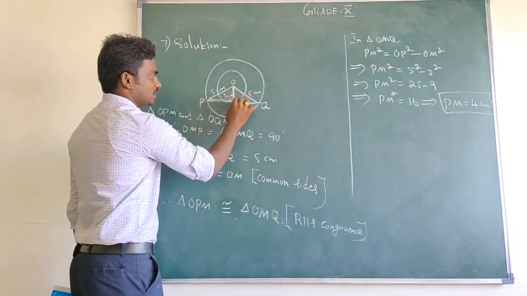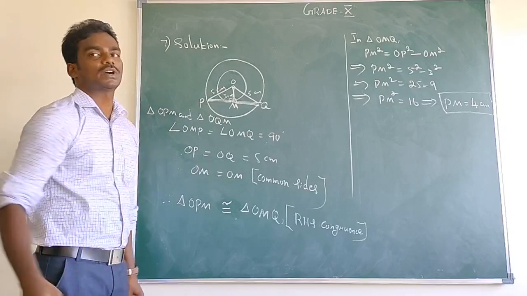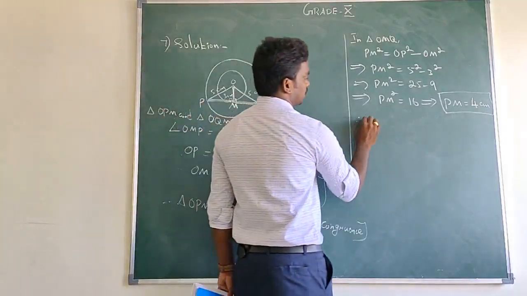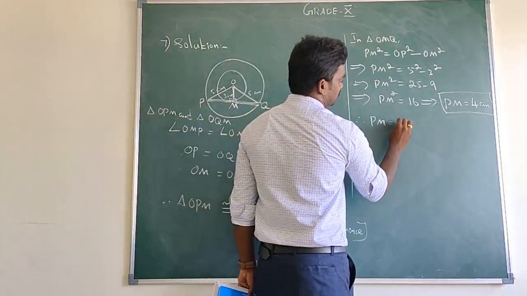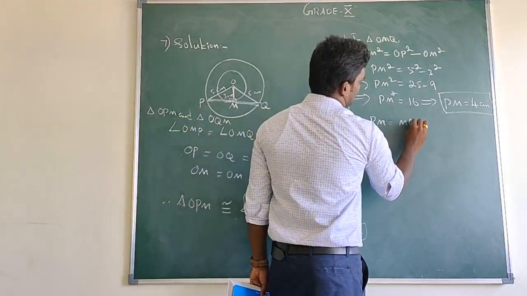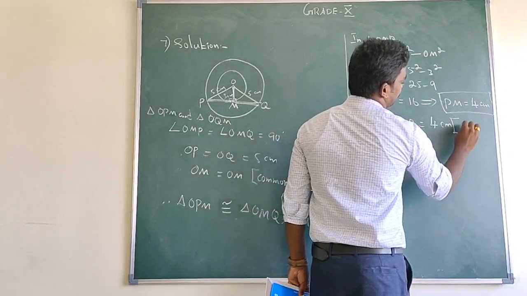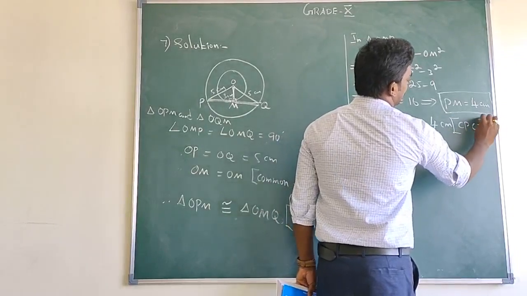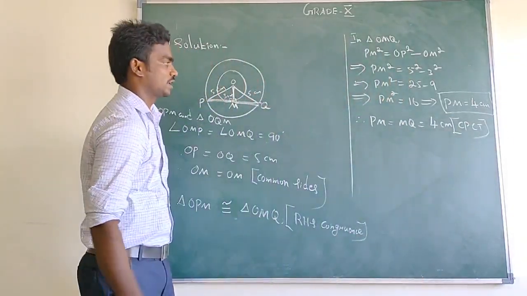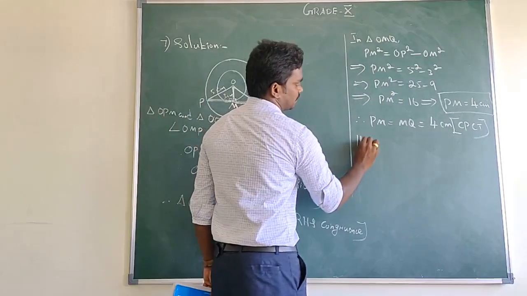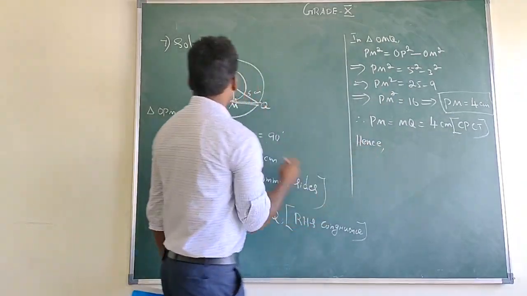But PM is equal to MQ by corresponding parts of congruent triangles. Therefore, PM is equal to MQ, which is 4 centimeters, by CPCT, that means corresponding parts of congruent triangles. So what is the length of PQ?